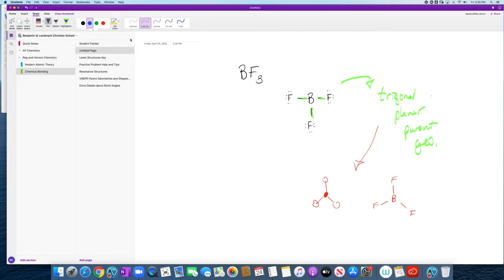And so it turns out that these polar bonds, fluorine is more electronegative, so it draws the electrons toward itself. Partial negative here, partial negative here, partial negative here, and basically 3 partial positives on the boron. Is there a side of this molecule that is partially positive and the other side's partially negative?